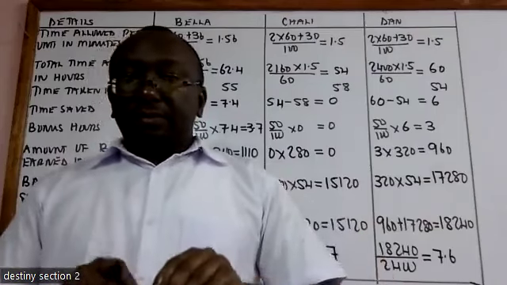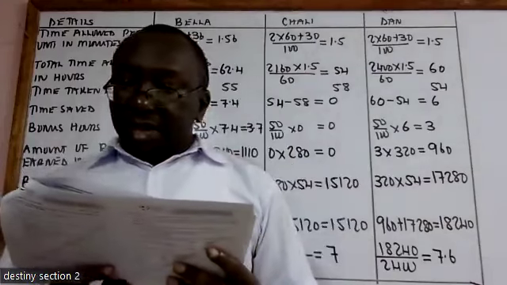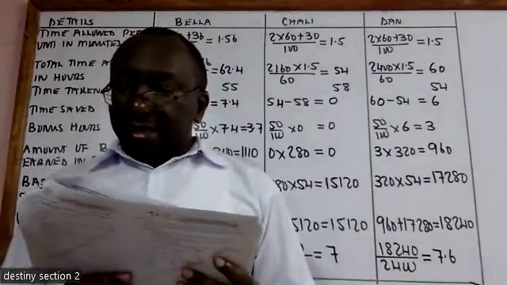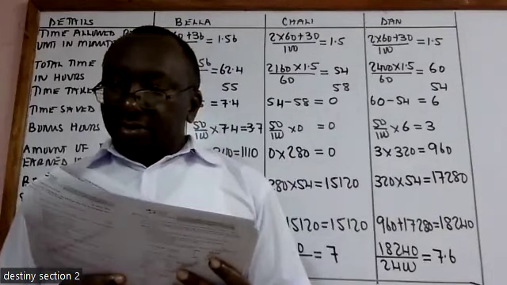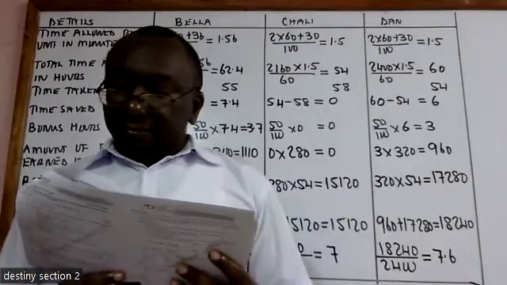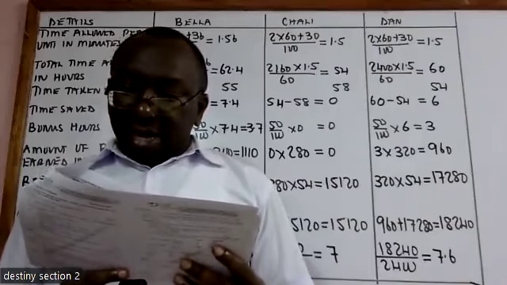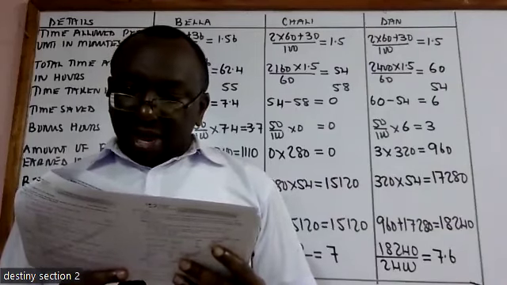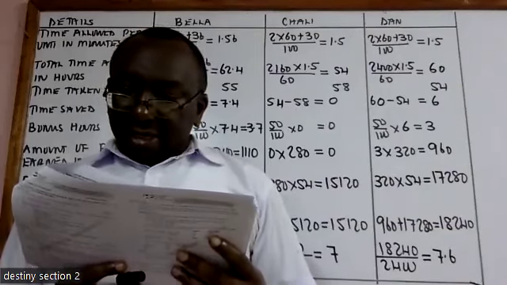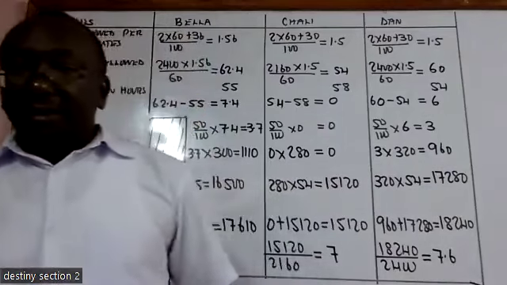Then tunaambiwa the standard selling price per unit is 1,300. The monthly budget projects production and sales of 1,000. Actual figures for the month are as follows. So we are given that, and we are told now to compute those variances.